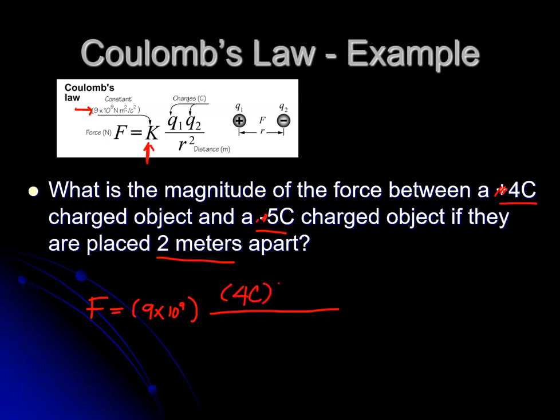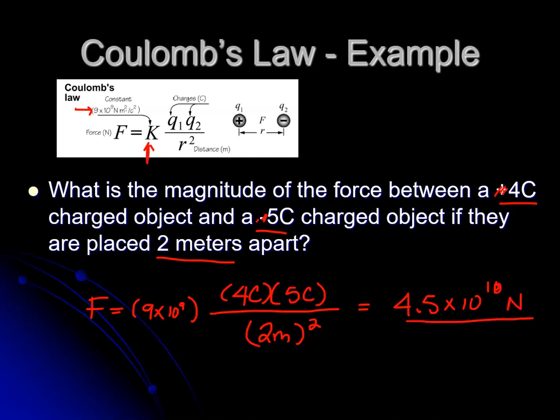So it's going to be 4 coulombs times 5 coulombs divided by our 2 meters, squared. So when I go ahead and do this calculation, my answer is going to be 4.5 times 10 to the 10 newtons. So that's going to be a very, very strong force.